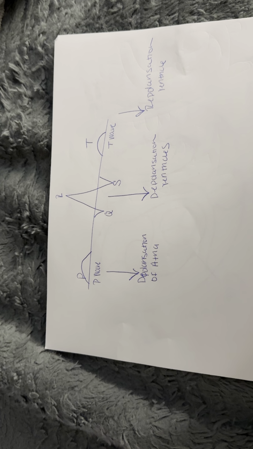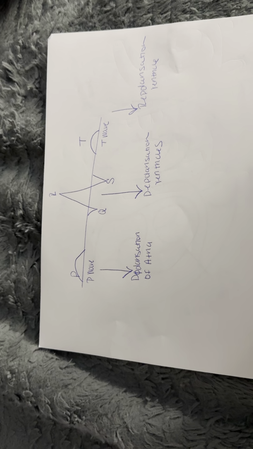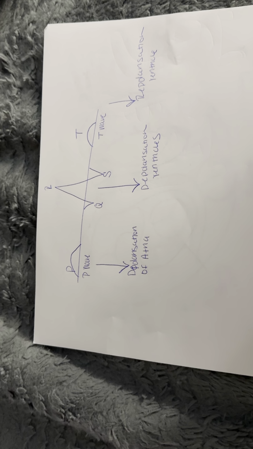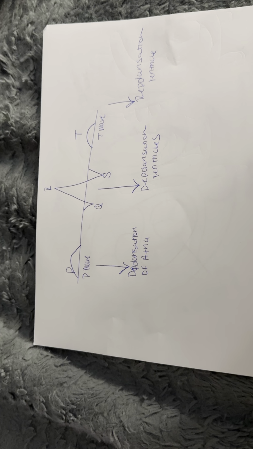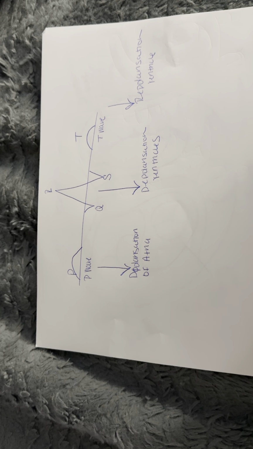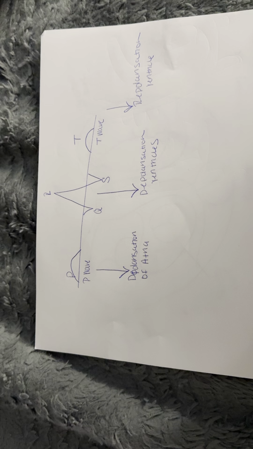So this is called isovolumetric contraction. The closing of the AV valves creates the first heart sound, which is the S1, the lub. This phase begins right after the QRS complex, which represents ventricular depolarization.